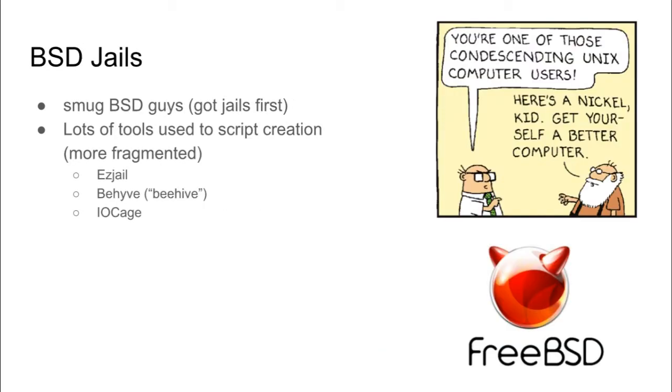I don't think they have separate words for those functionalities, but essentially BSD jails do all of that. They let you create essentially a container and run it and upgrade them separately. So BSD has a lot of cool technologies like that.